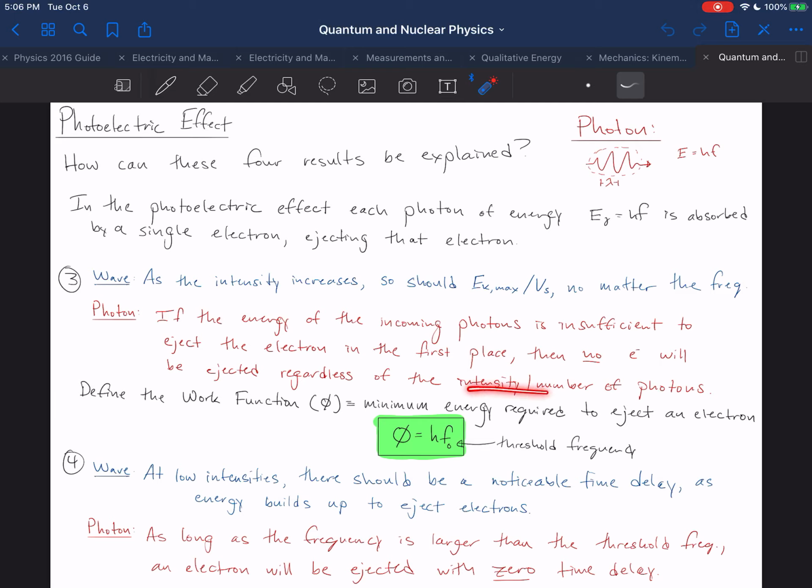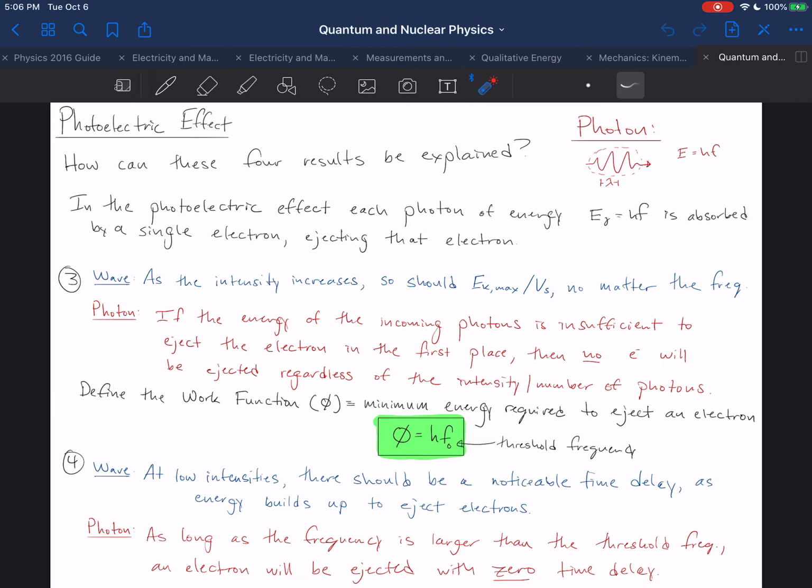So you crank up the intensity and the number of photons. If each of those photons doesn't have enough energy to eject an electron, then none of them will be ejected, even if you crank the intensity up as high as you can. You're just sending more and more low energy photons at the metal, and it's not enough to eject an electron.